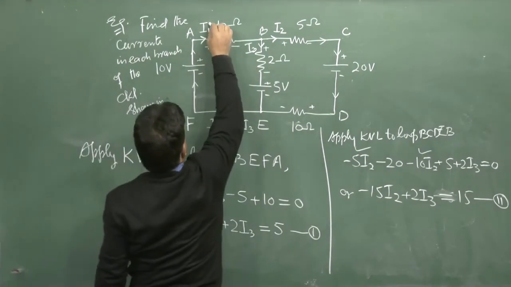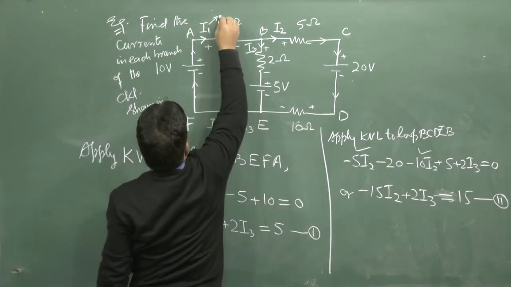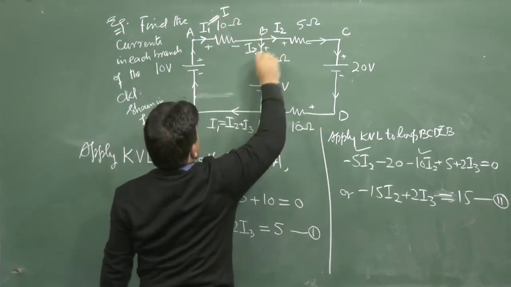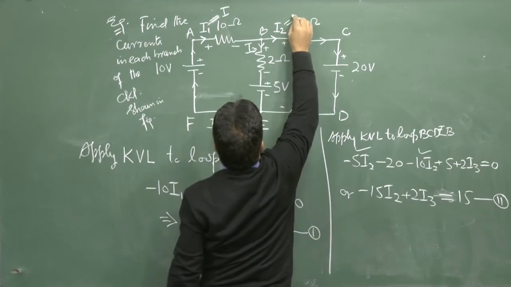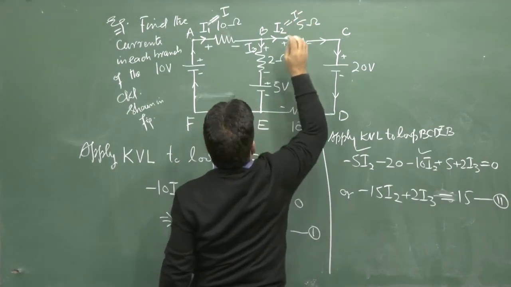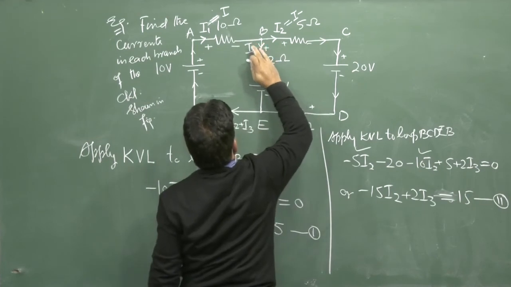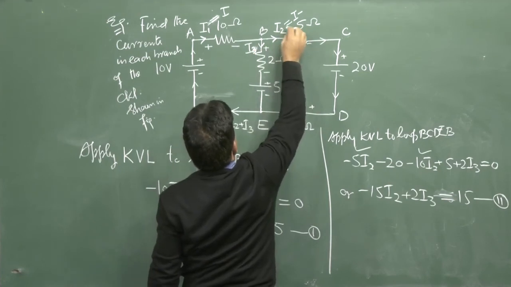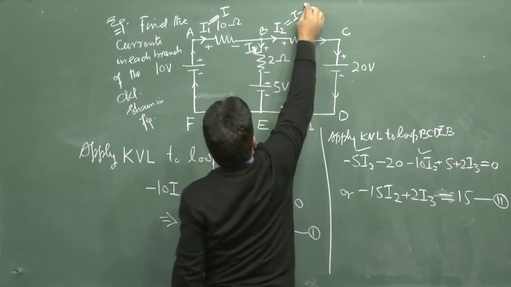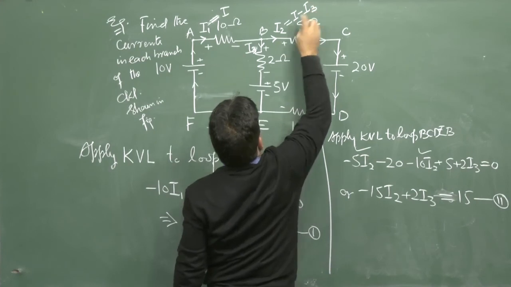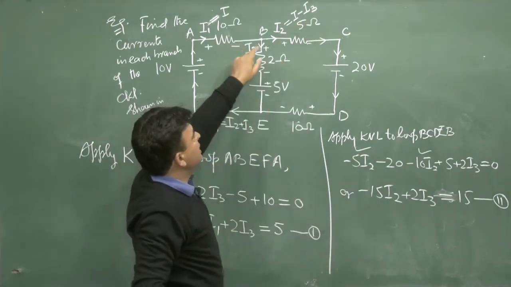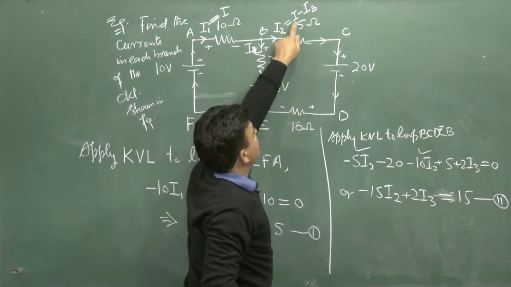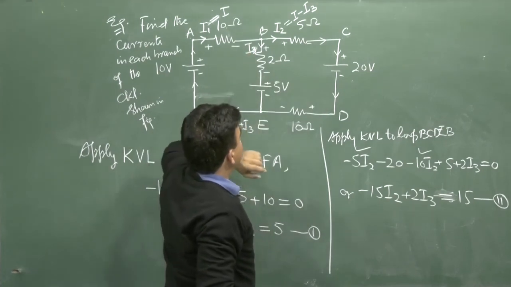If we assume this current as I1, I only, and put I1 equal to I, then I2 will be I minus I3, and here it will be I3.